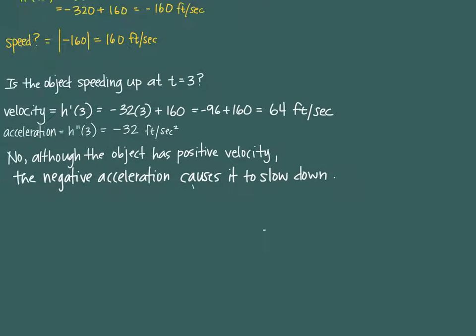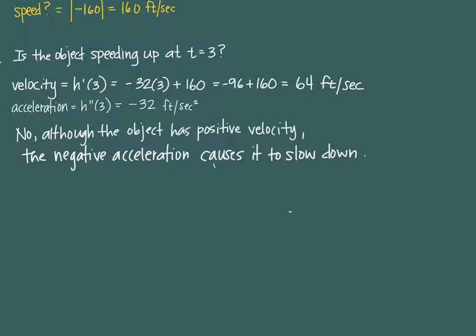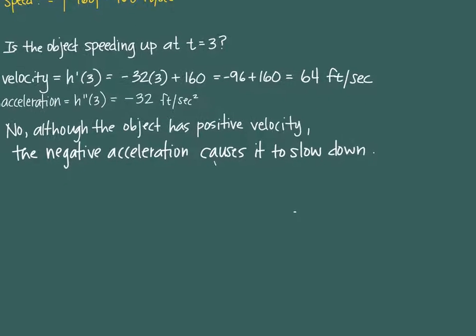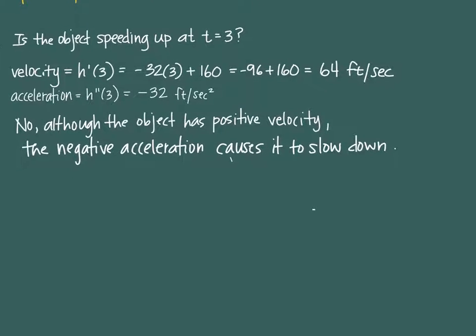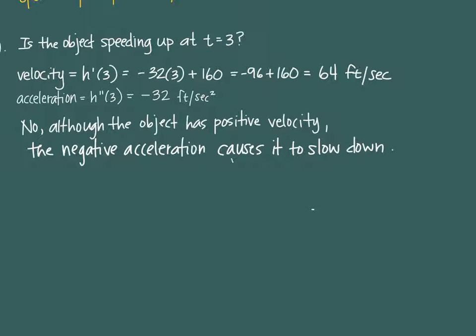All right, that's what's happening at time 3. The object has positive velocity, but it has negative acceleration. If you're into vectors and things like that, these are opposite vectors. They're working against each other, which causes it to slow down.